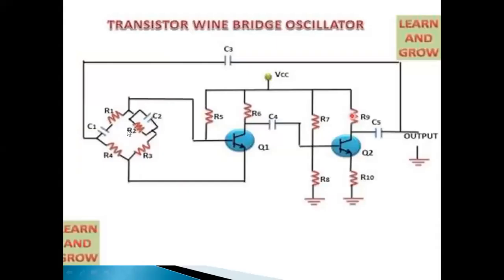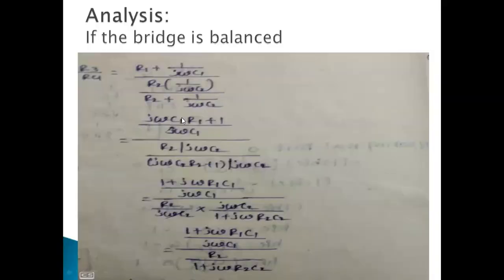Q means this terminal impedance. Here these two impedances are connected in parallel. So that is R2 in parallel with 1 by j omega C2, where 1 by j omega C2 is the reactance. So Q is the parallel combination of R2 and 1 by j omega C2, that is R2 into 1 by j omega C2 divided by R2 plus 1 by j omega C2.